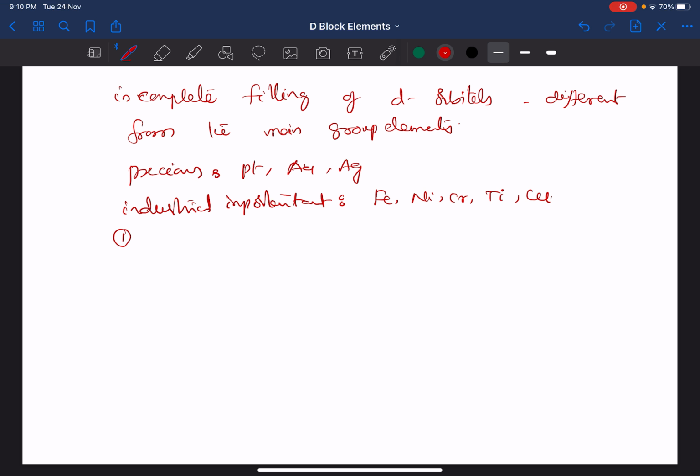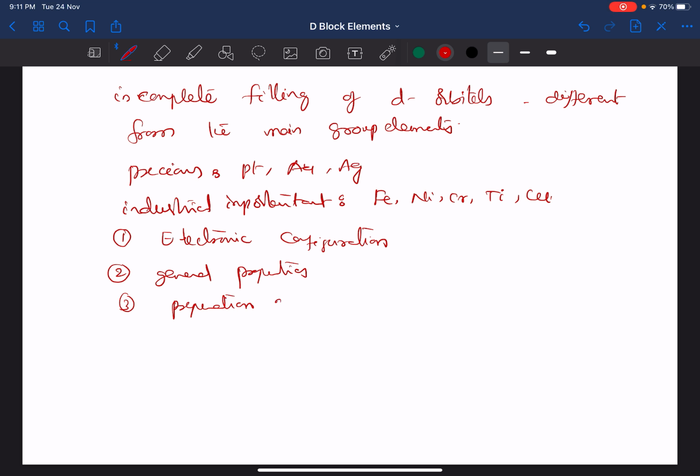First one is the electronic configuration of the D block elements, second one is the general properties of D and F block elements, and third one is the preparation and properties of some particular compounds in the D block elements.